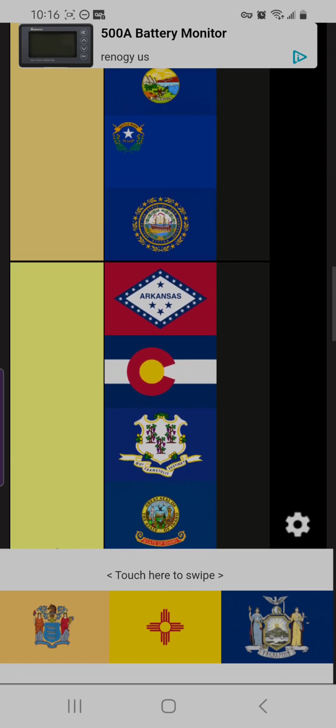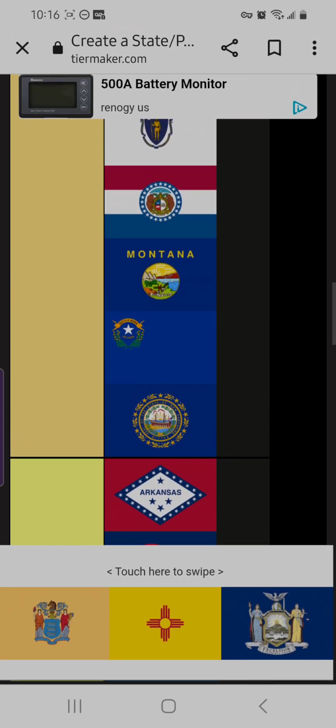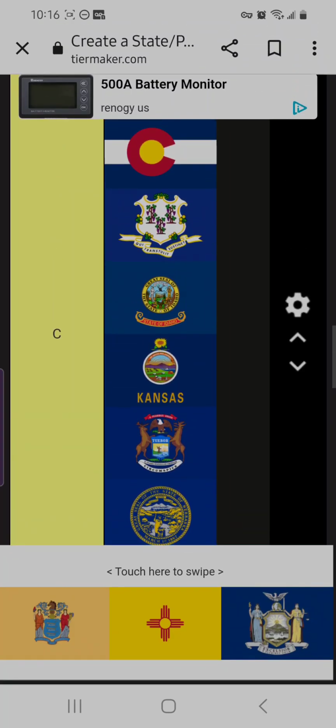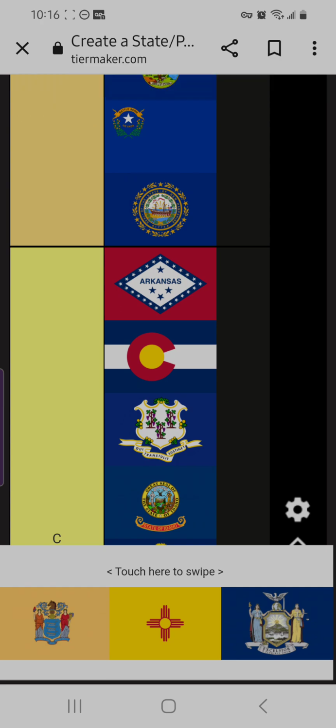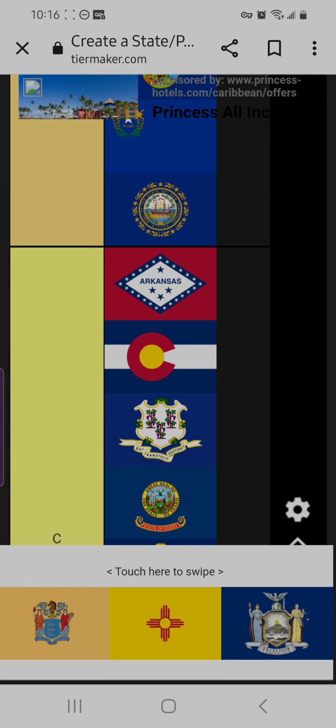New Jersey. New Jersey's flag is kind of unique with this orange color, which I don't think is super rare to see in a flag. It's just an orange background. Points for that for uniqueness.